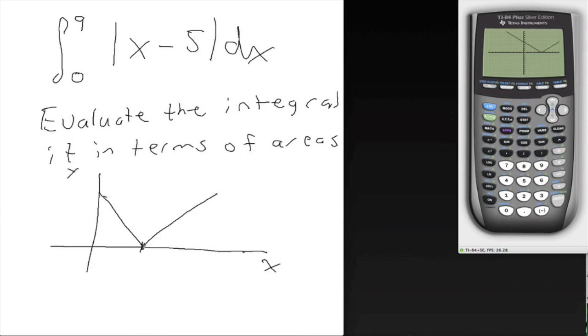What's this point here? That point is, let's see, trace 5. So looking at it, it looks like 1, 2, 3. It looks like it's at 5, and then we can check that by tracing.